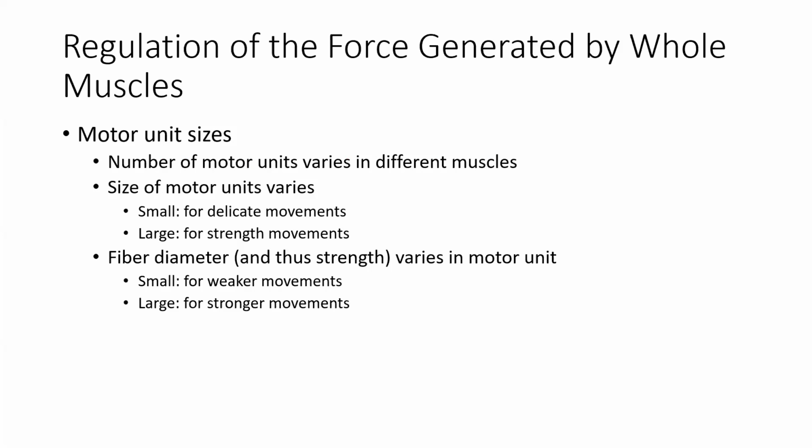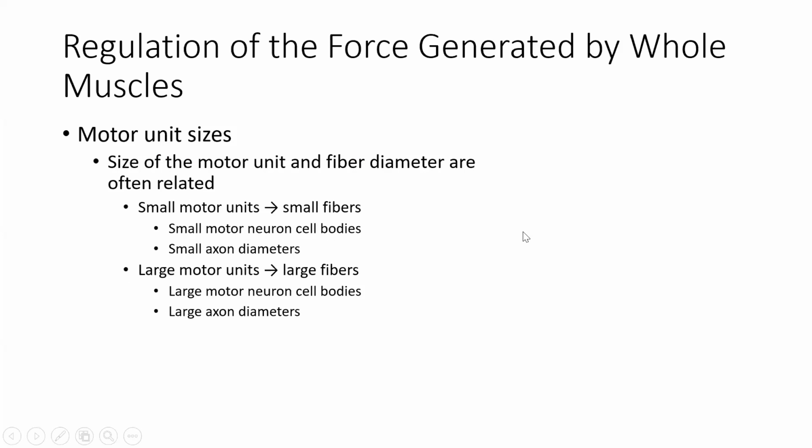We can also think about the fiber diameter. This varies with motor units as well. So the diameter of small motor units for weak movement is going to be smaller. And then the diameter of larger motor units for stronger movements are going to be larger. And when we talk about diameter here, we're talking about the fiber diameter, so the size of that muscle itself. We can also think about the size of the axon, like the size of the motor neuron itself.